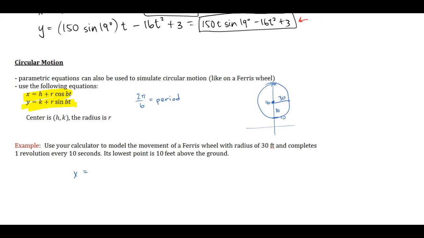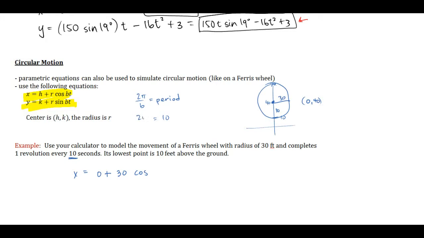So the center of my Ferris wheel would be (0, 40). When I make my equations, I would have 0 plus the radius, 30, cosine. We have to figure out what B is. They say it makes 1 revolution every 10 seconds, so the period is 10.